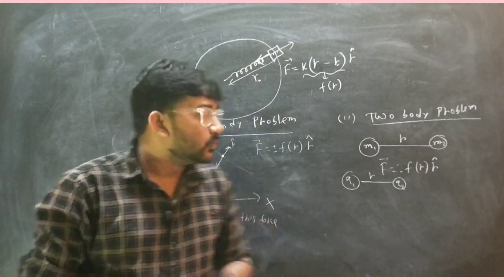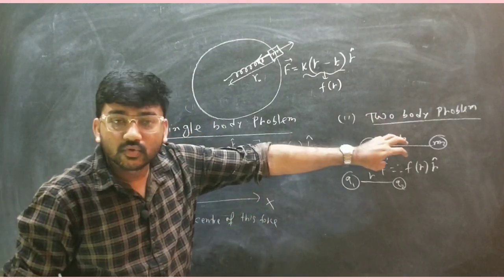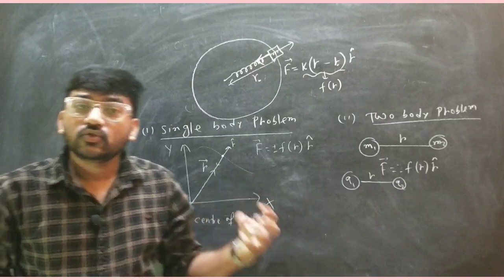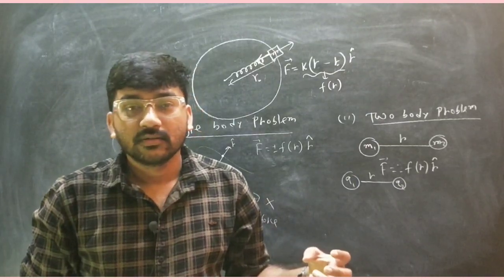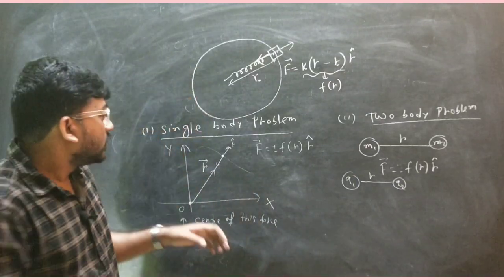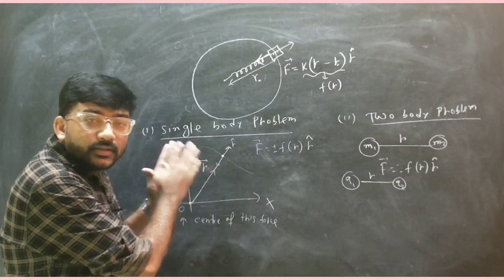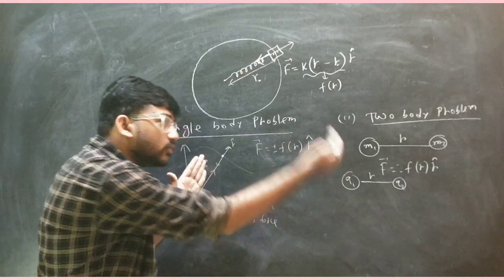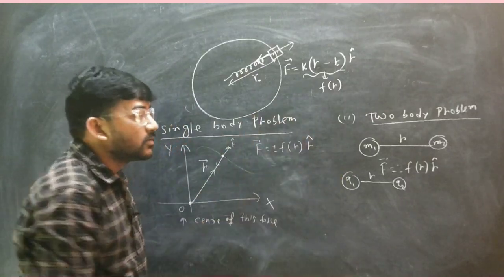So what we will do is convert this two body problem to an equivalent one body problem by using the concept of reduced mass. Then we will solve the problem in this frame by considering the equivalent one body.